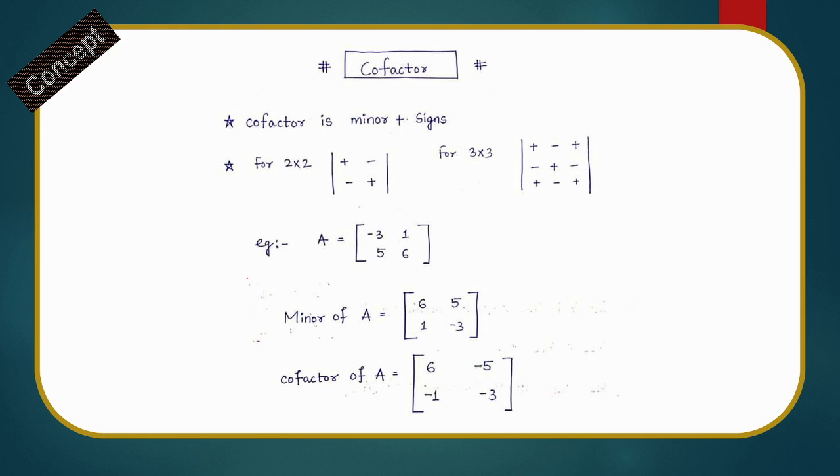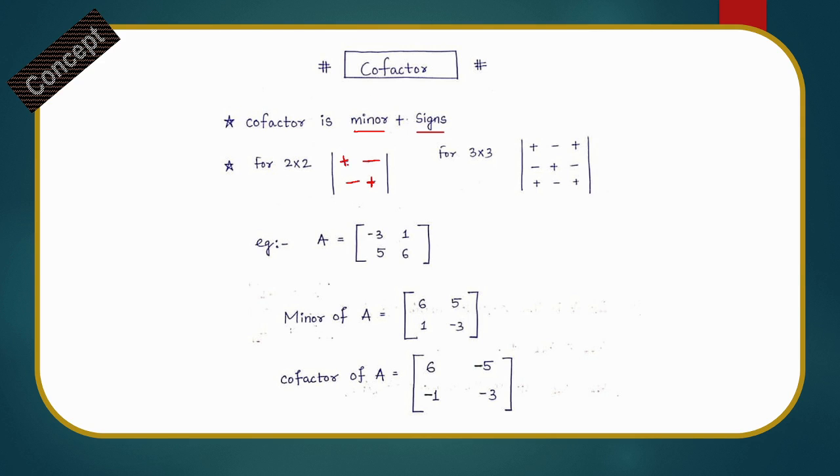Let's see what we mean by the cofactor. Basically, cofactor is minor with signs. If we consider the minor with signs, then we know the cofactor. For example, for a 2 cross 2 matrix, this is the pattern of signs: plus minus and minus plus. We have to remember this pattern to calculate the cofactor.